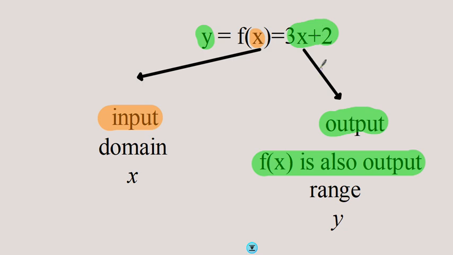Now, 3x plus 2 in its entirety is the output, but x alone is the input. So x is the input, it's the domain, which is the x value, but our output, which is the entire f of x, is 3x plus 2, and that's our range, which is our y.